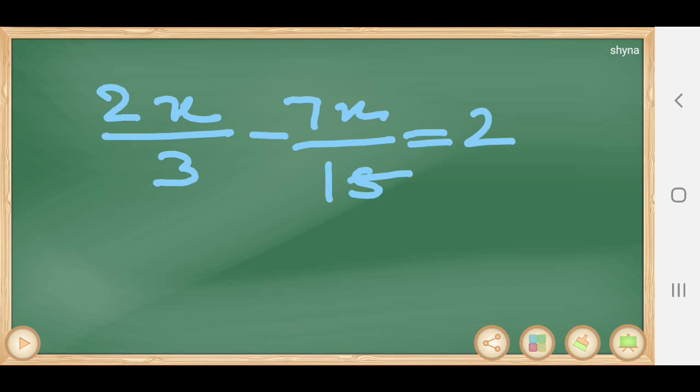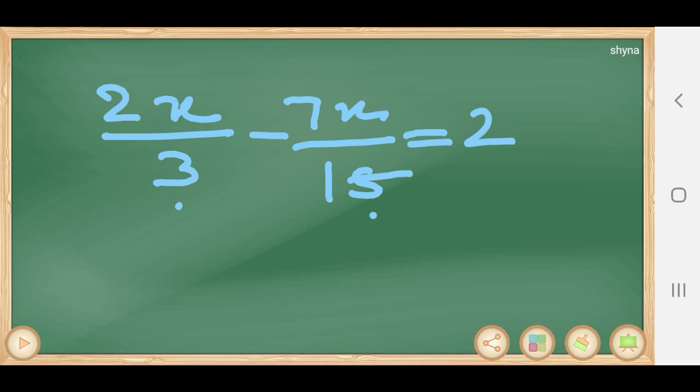How will you do this one, dear children? This is also a subtraction of fractions, which we have already studied. For this the two should be like fractions, but here the denominator is 3 and here it is 15. If the denominators are the same, we can do it easily. How will you make them the same? Here 15, here 3.